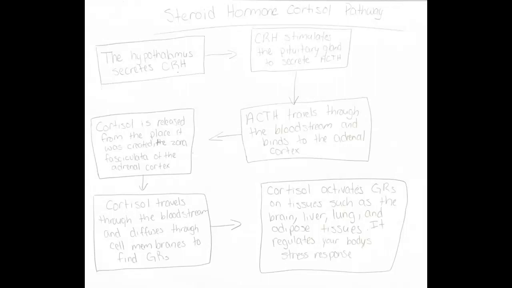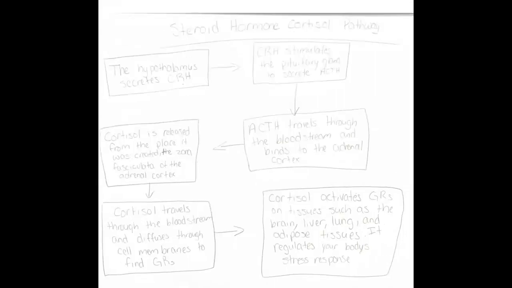And after all of this modification, the proteins are moved via transport vesicles to the Golgi apparatus, and that's when the Golgi apparatus processes the vesicles, and then it can send them out by secretory vesicles. And it travels through cell membranes to glucocorticoid receptors.